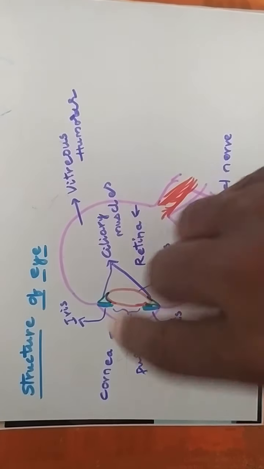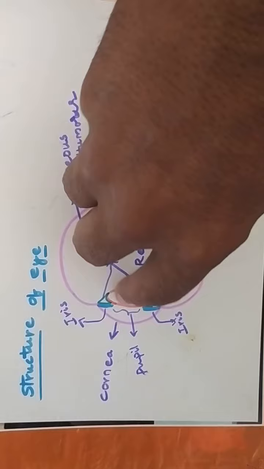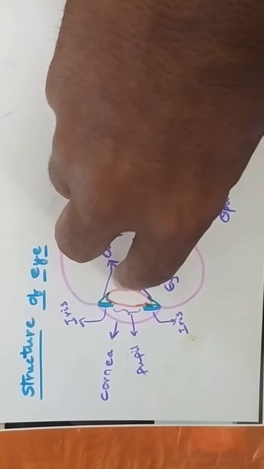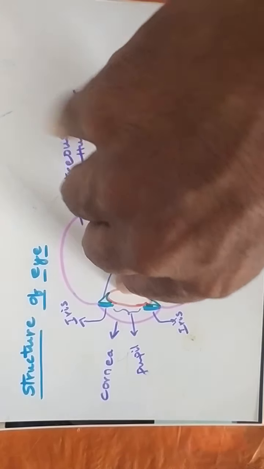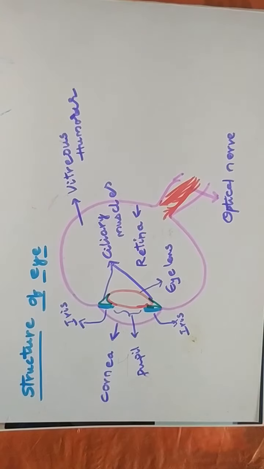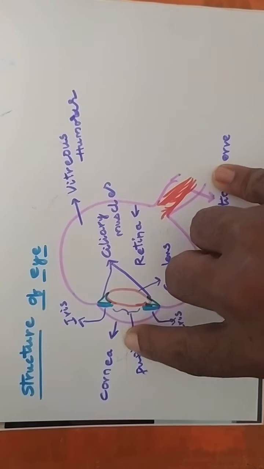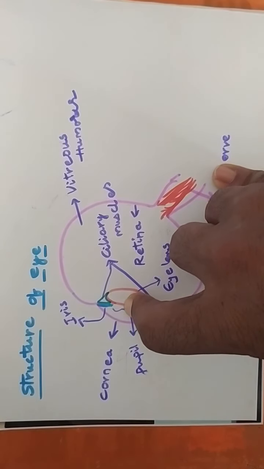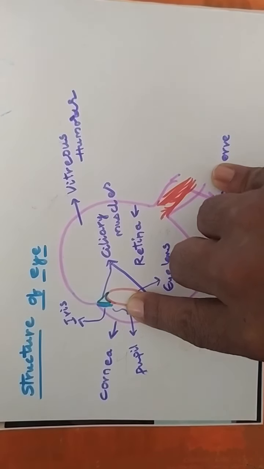Next, the region between the cornea and the lens. This is the cornea, the front part of the eye, and this is the eye lens, which is generally convex in shape. The gap between the cornea and the eye lens is filled with a transparent liquid called aqueous humor.